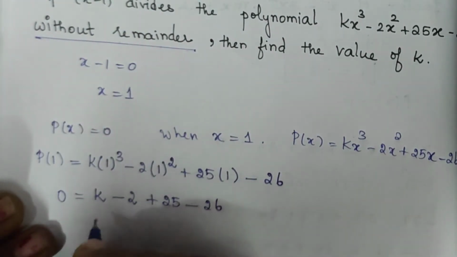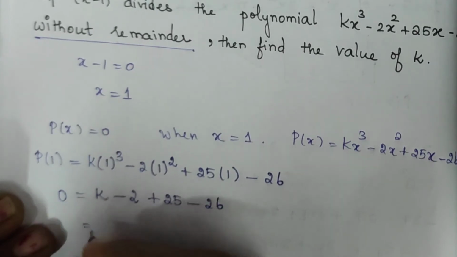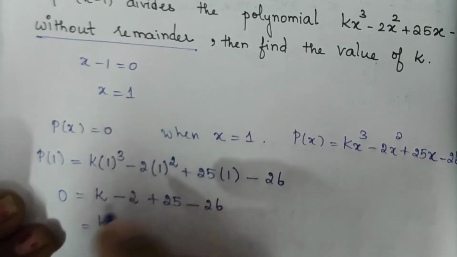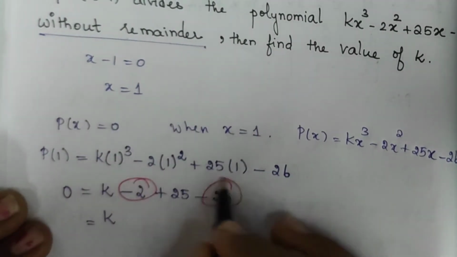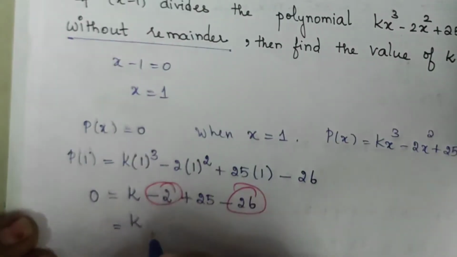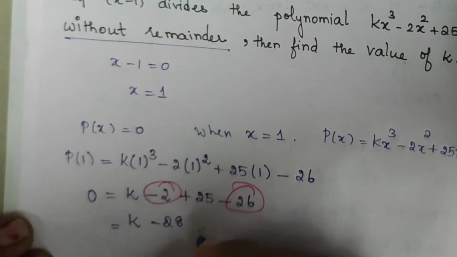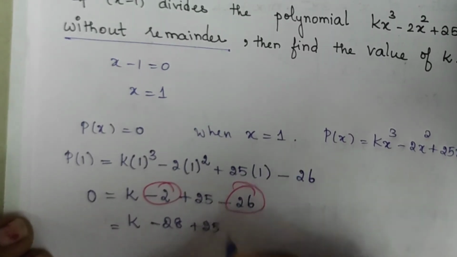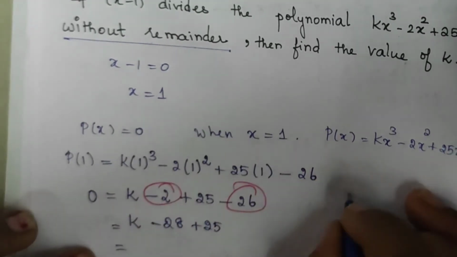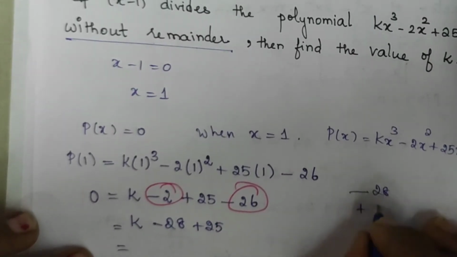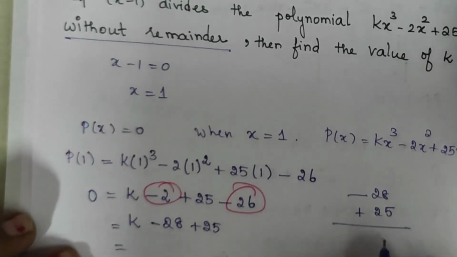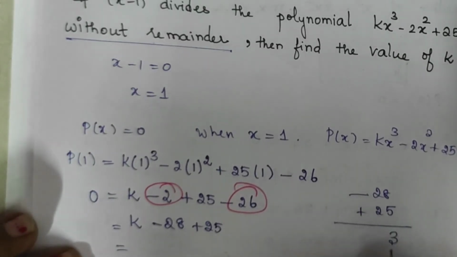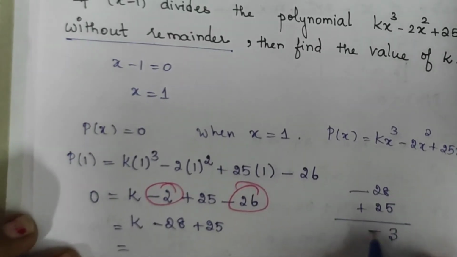Okay, so k minus 2 and minus 26 is minus 28 plus 25. So minus 28 plus 25, minus into plus is minus, so 28 minus 25 is 3 and the sign of the greater number is minus.